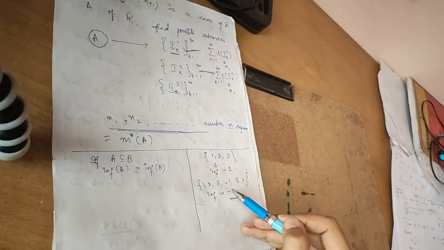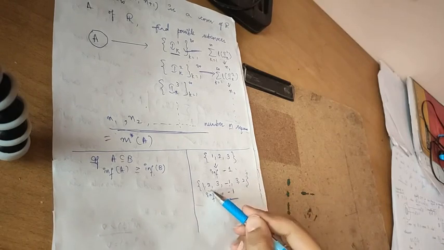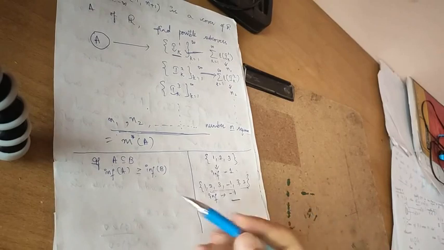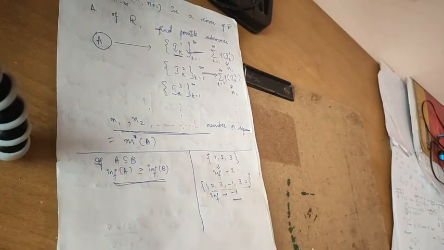So if you make your set bigger, then the infimum will be decreasing. So infimum of A is greater than or equal to infimum of B.